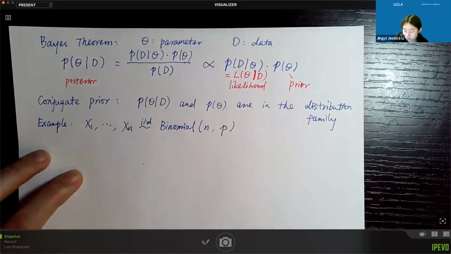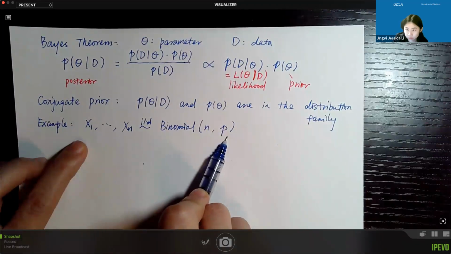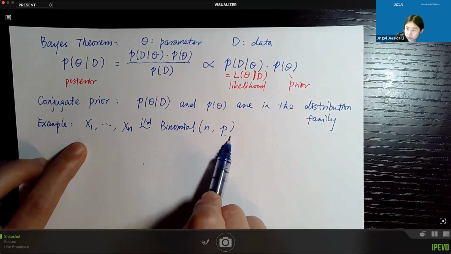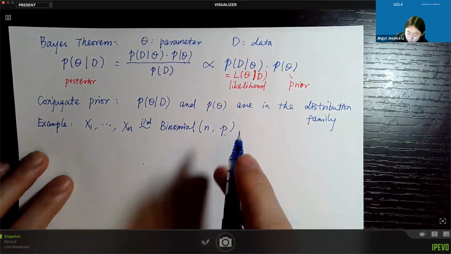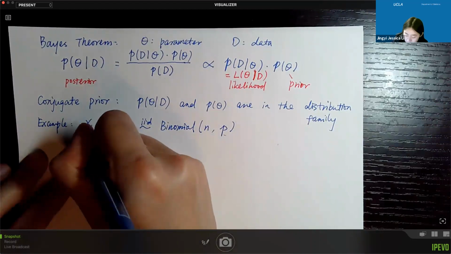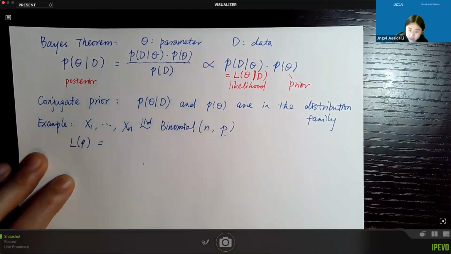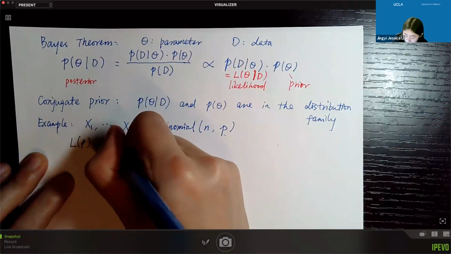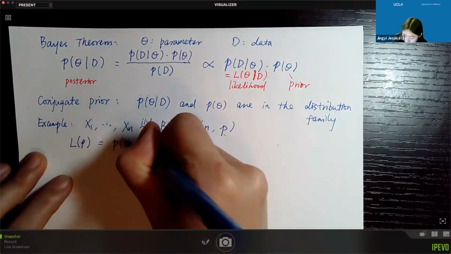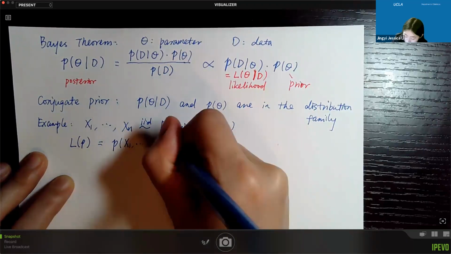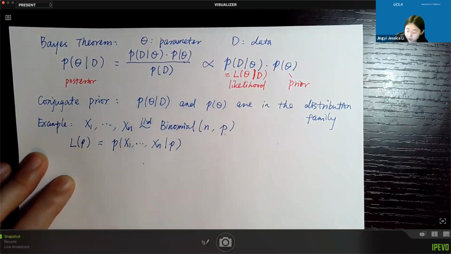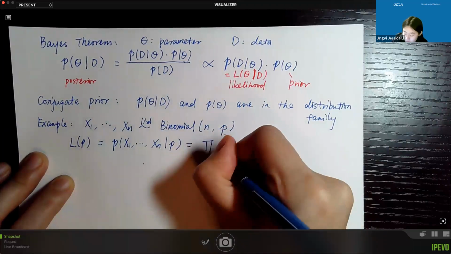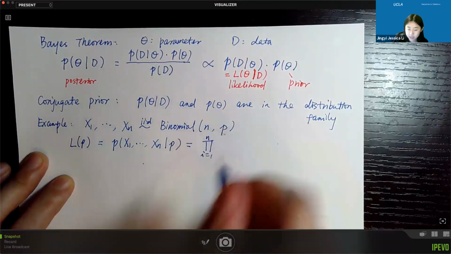This is our data generation model. We assume the data come from this, and p is our parameter of interest. Given this, we can write down the likelihood of p as the joint density of my data given p.